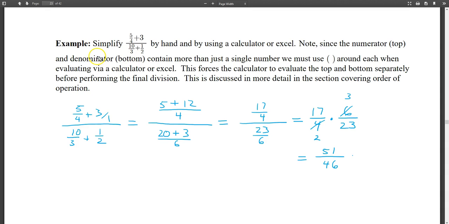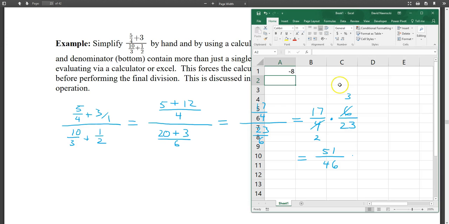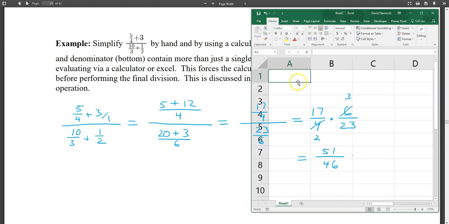Let's do it with Excel for a change. We can just type it up here. Make that a little bigger.